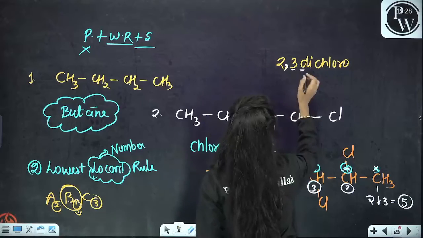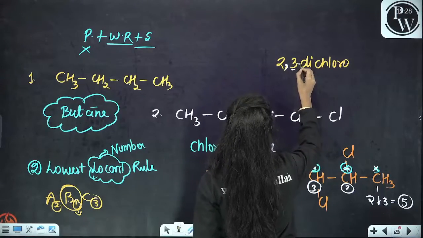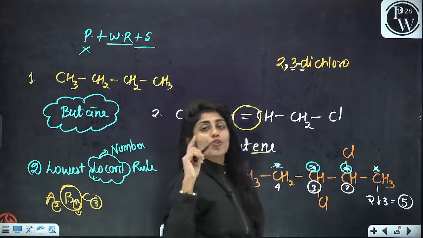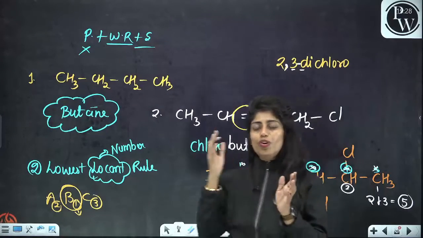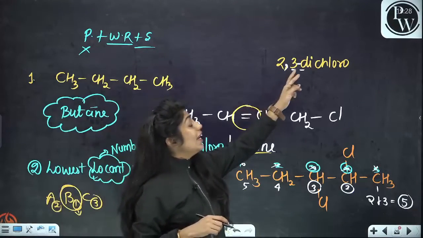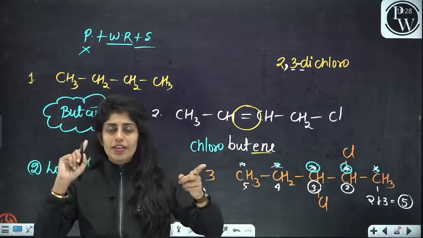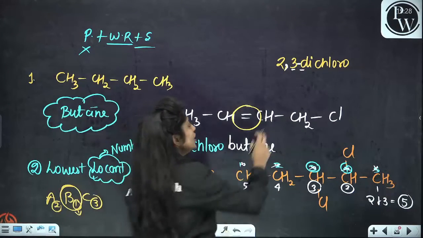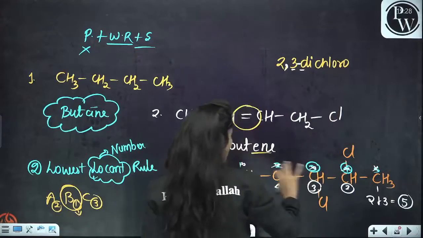Maths and English, no brother, sister, only hyphen, one hand distance. Okay? So, you need to write it likewise. 2, 3, numbers separated by comma. 3 and D are separated by a hyphen. 2,3-dichloro, done. Prefix is done.